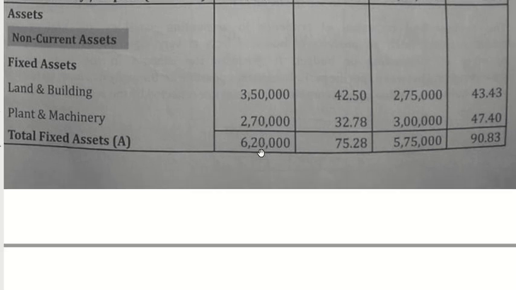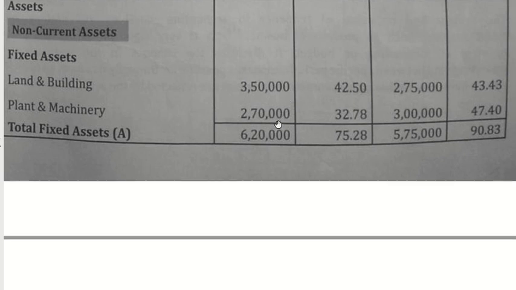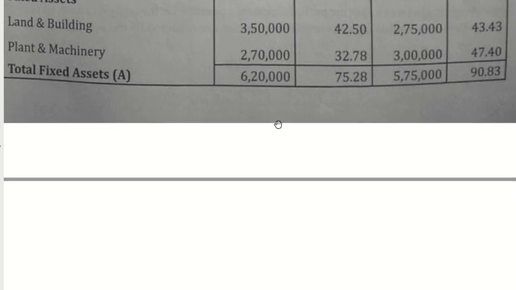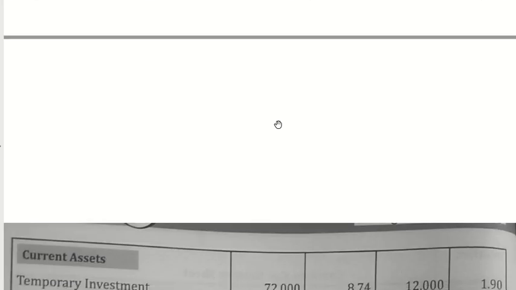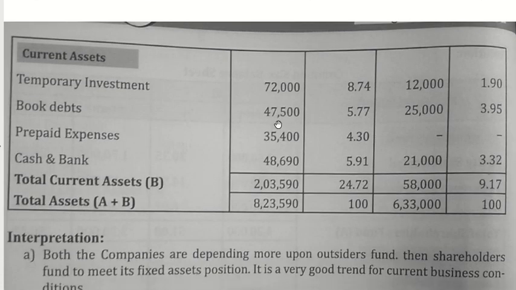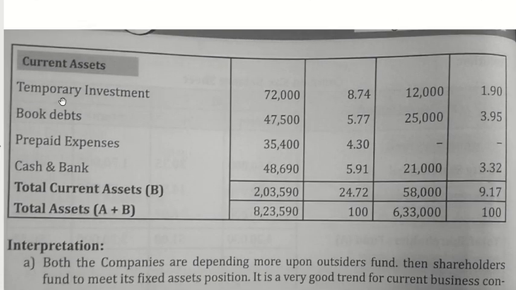Moving on to our asset side, under fixed assets, land and building 3,50,000 divided by 8,23,590, you get 42.50. Plant and machinery 2,70,000 divided by 8,23,590, you get 32.78. You total up your fixed assets, then you move on to current assets. Temporary investments 72,000 divided by 8,23,590, you get 8.74.